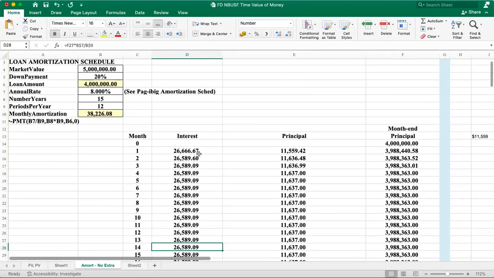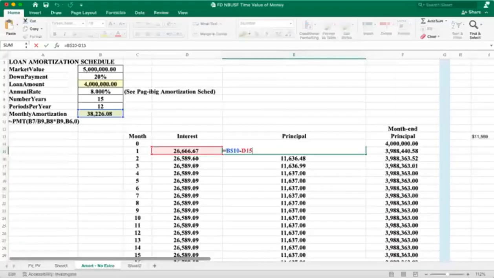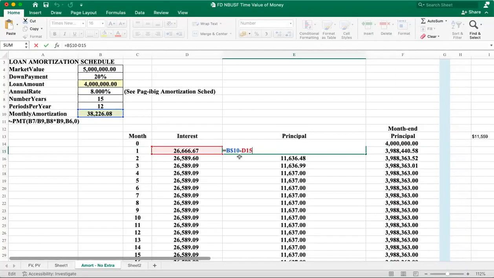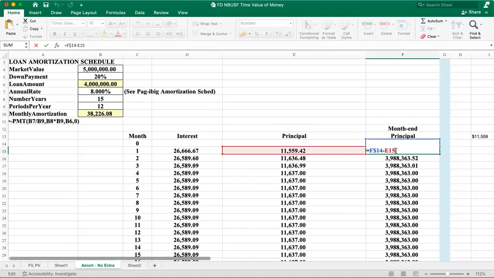May mali tayo dito. Sige, akyat ulit, sorry. Punta ka ulit sa principal. So that's B $10, no? Minus D15, tama. Okay, punta ka sa column F. F14 minus D15. Baba nga ulit.